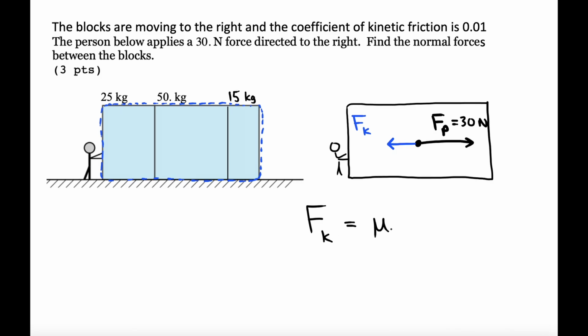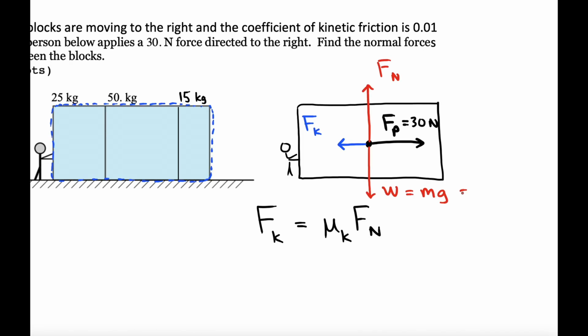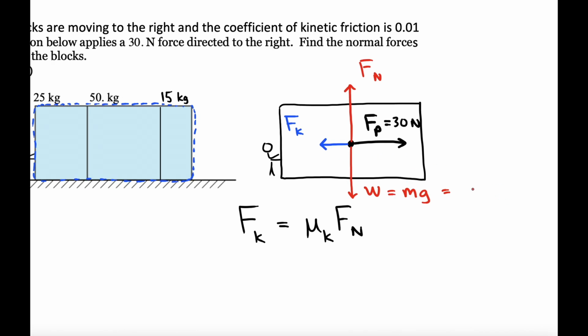It'll have the formula mu k times the normal force. We're going to need to calculate how much normal force there is. So our blocks have a weight equal to mg, and we have to consider all the blocks.